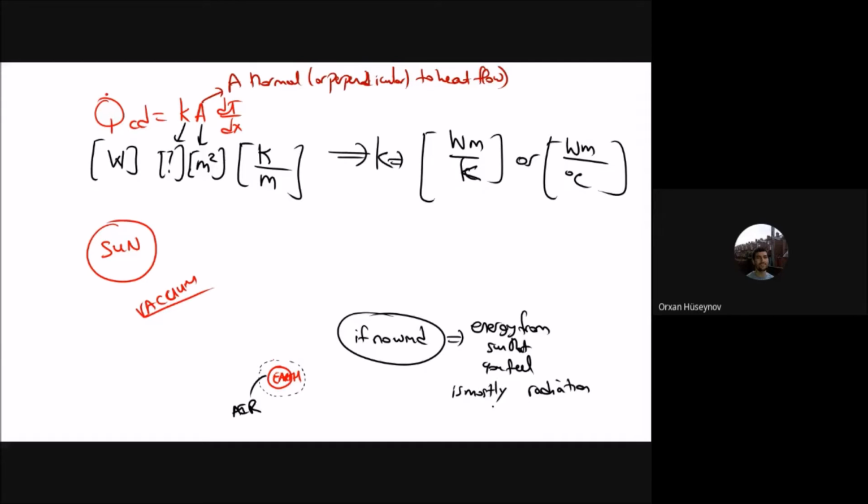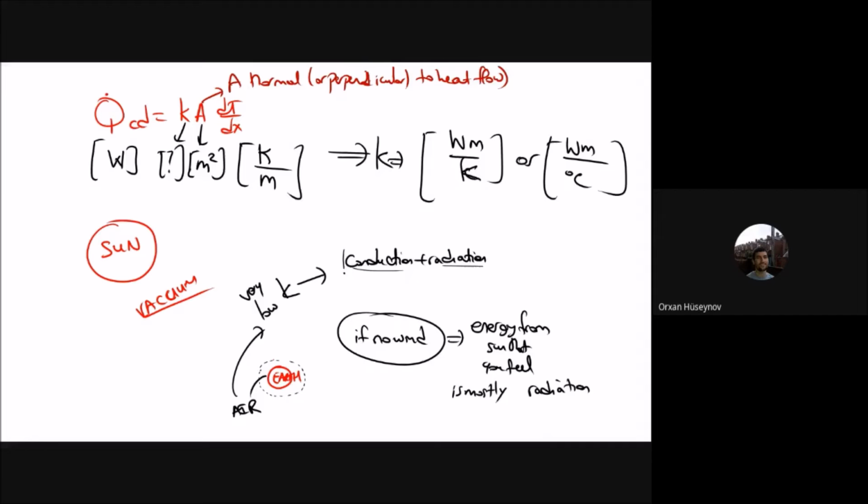Why is it mostly radiation? Because the air has a low conductivity, very low k actually. And since it's very low k, in reality, what is the heat transfer? Heat transfer is conduction plus radiation. You feel the heat from the sun due to conduction and radiation.